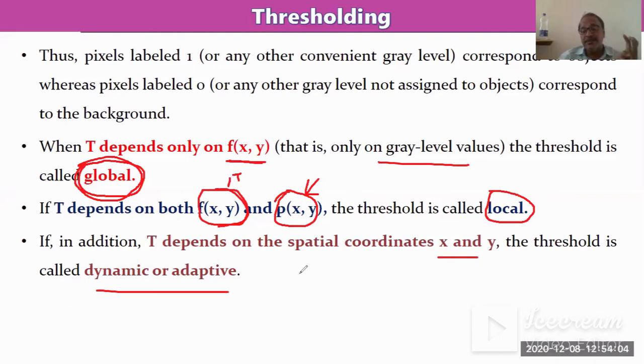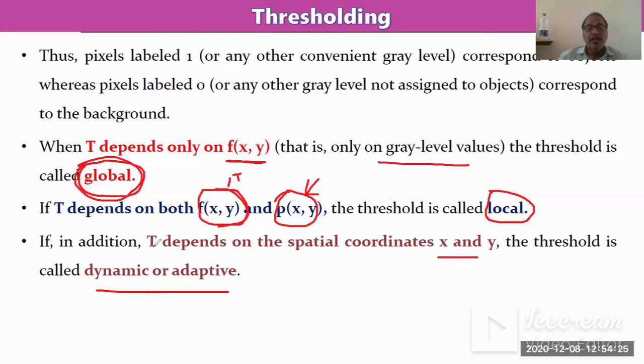So there are three types. One is local thresholding, another is global thresholding, and third is dynamic or adaptive thresholding. Local thresholding we have already discussed. Global thresholding we already know from the first or second chapter. But adaptive thresholding we will discuss in the next lectures.